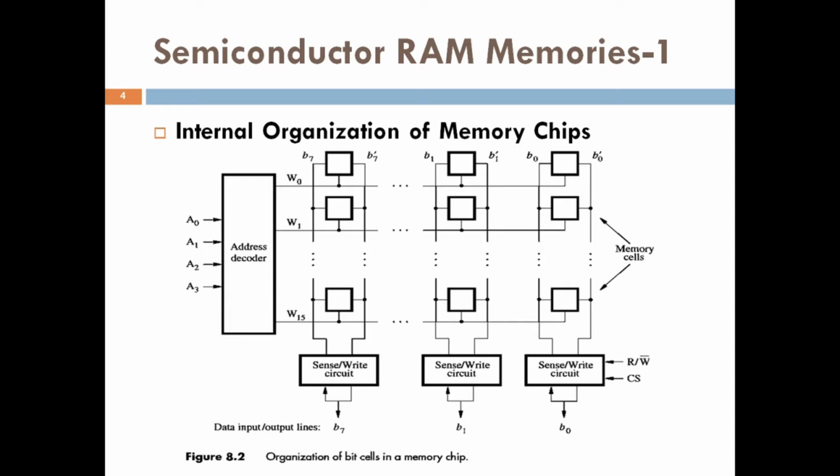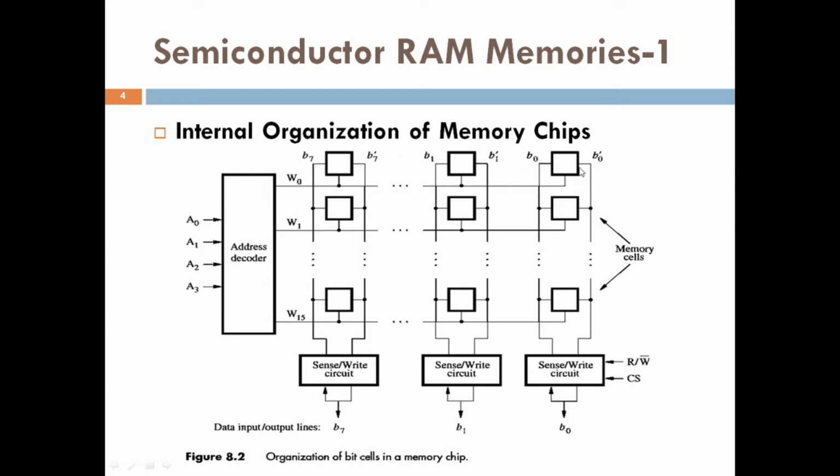A possible organization is illustrated here in this figure. Here each row of cells constitutes a memory word, and all cells of a row are connected to a common line which is referred to as a word line. These are the memory cells organized in the form of an array, where each memory cell is capable of storing one bit of information.